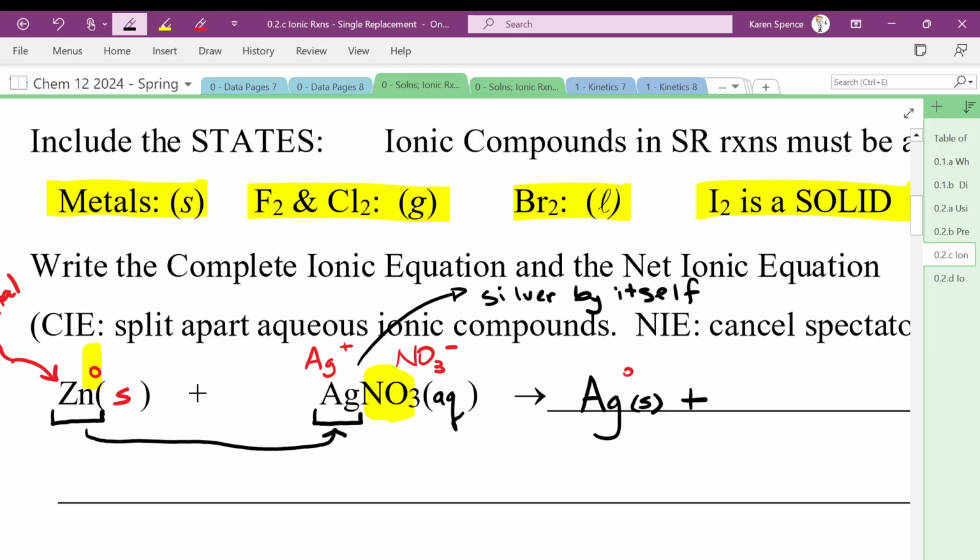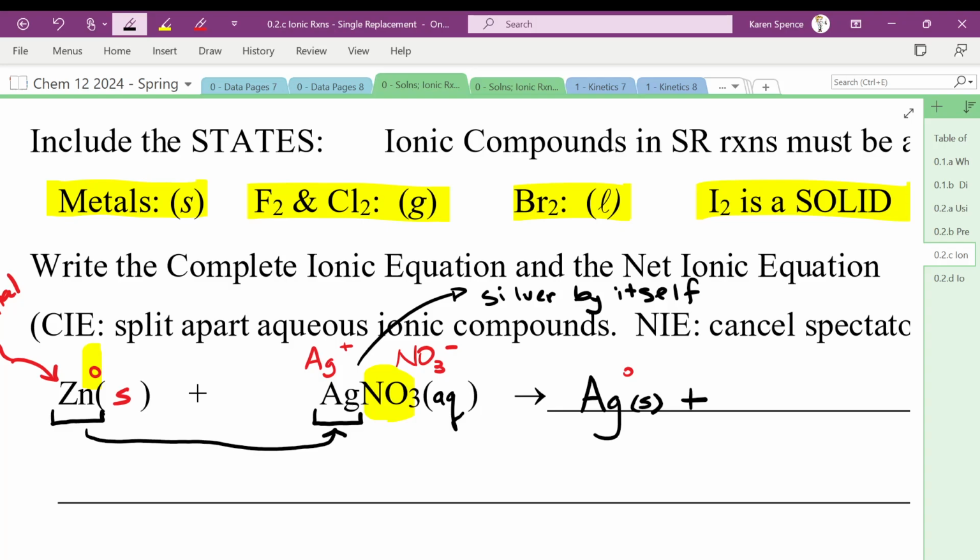Now the zinc has kicked out the silver, and now zinc is combined with nitrate. Is it possible for zinc with a 0 charge to be combined with nitrate, which is negative? No. If you've got a negative ion, you also need to have a positive ion, which means that zinc is no longer going to be neutral. It is going to be a charged ion. And what charge does zinc become? Feel free to look it up if you want to.